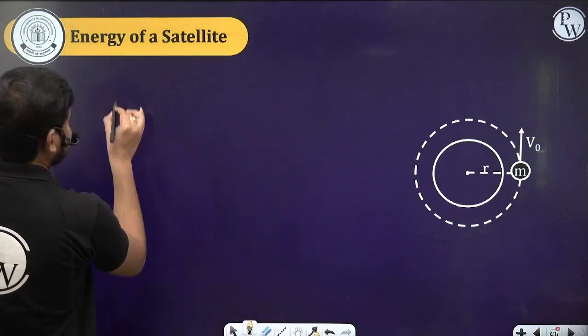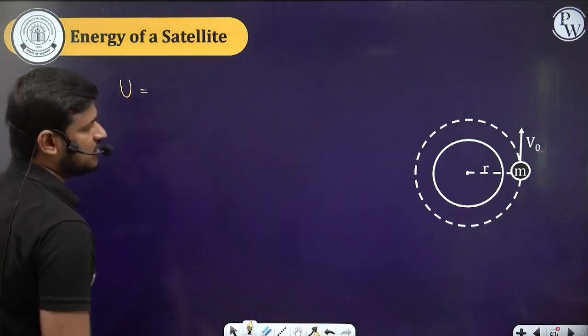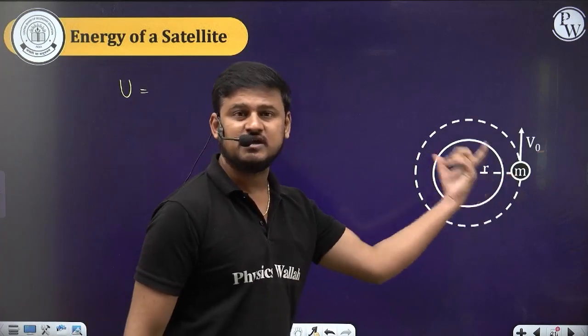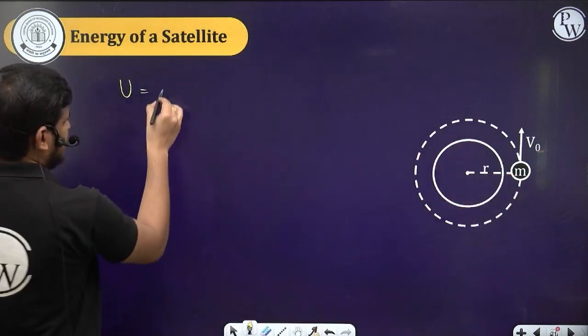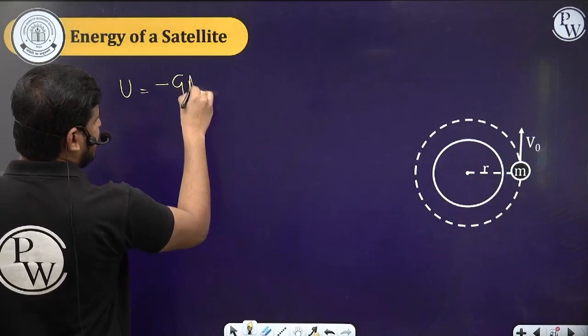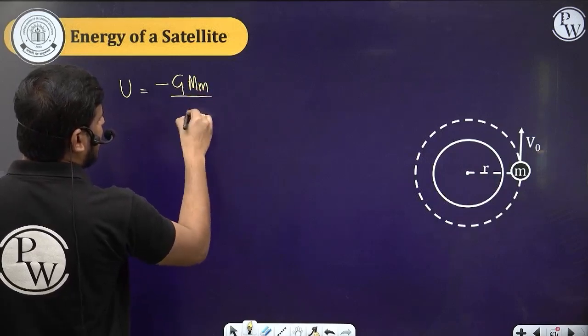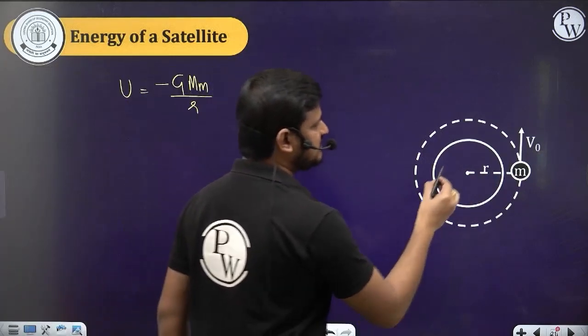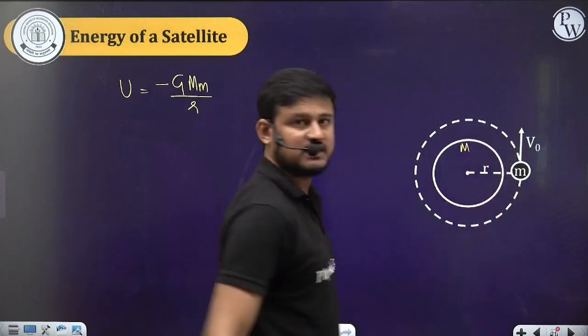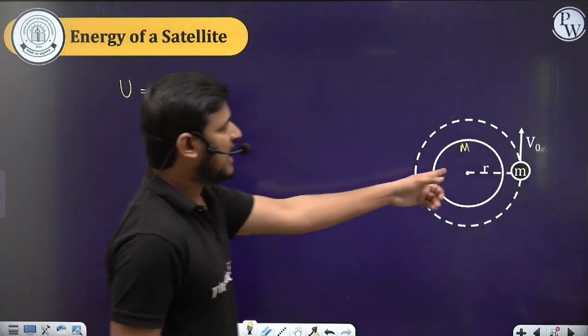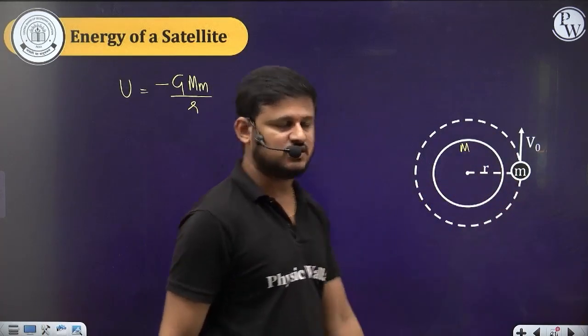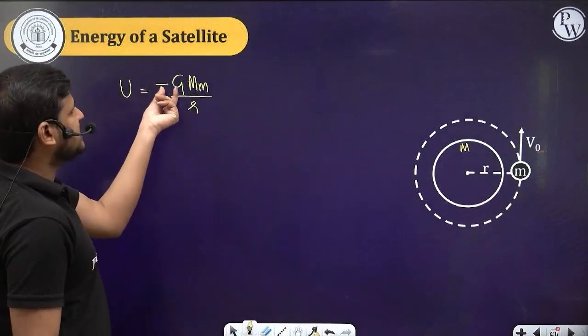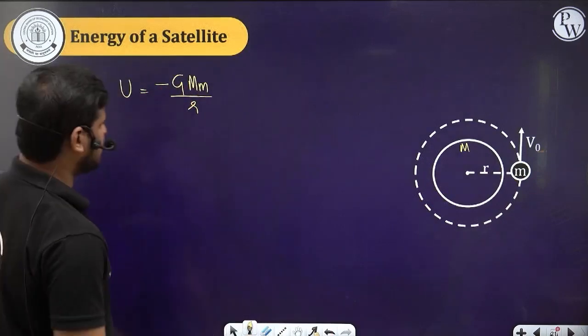The potential energy possessed by the satellite is minus GMm by R. Let the satellite have some mass m, at a distance r from the planet center. So minus GMm by R is the potential energy.